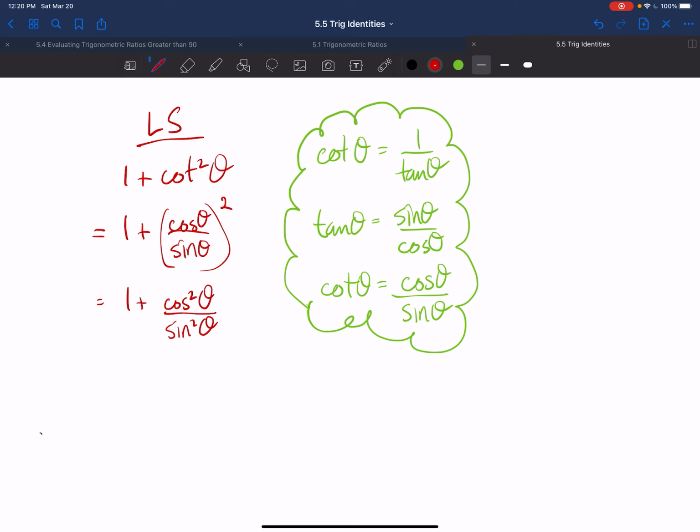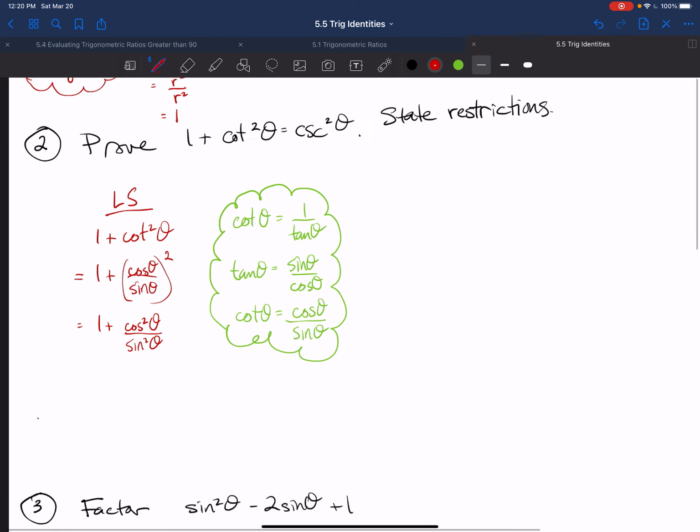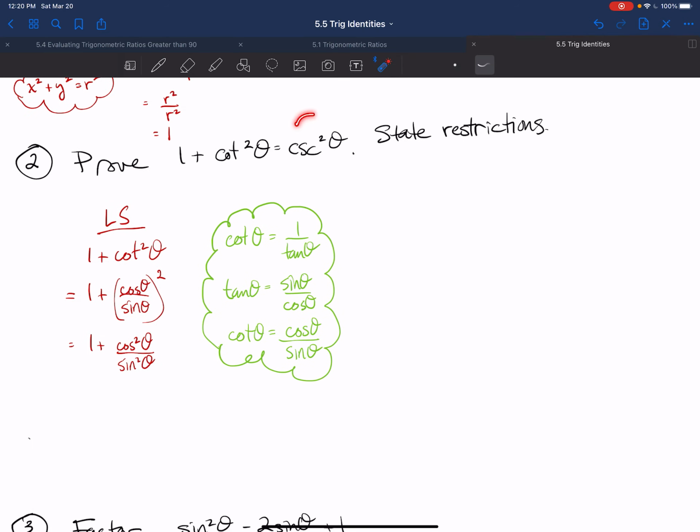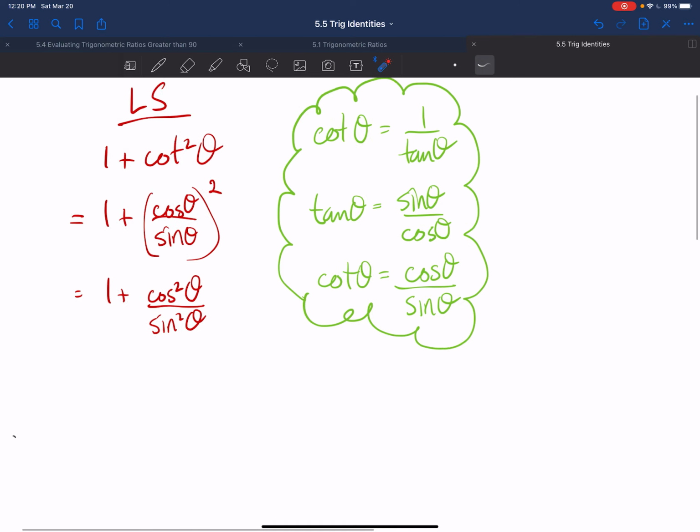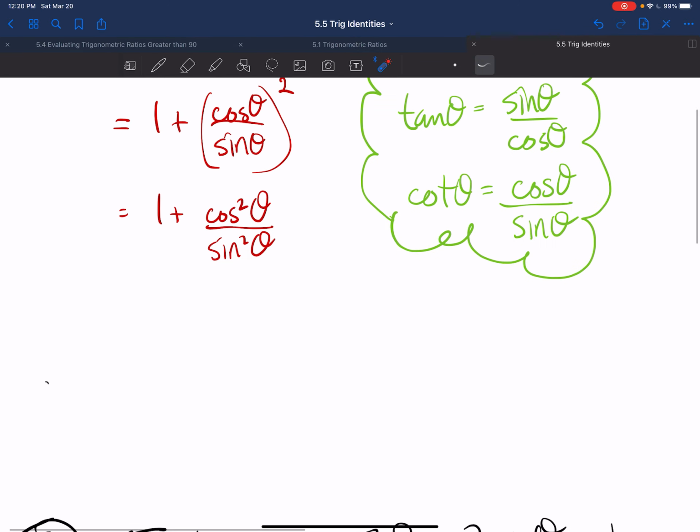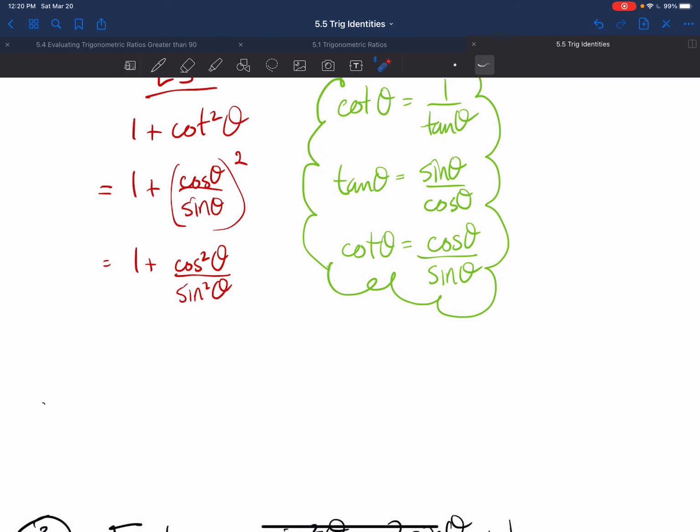Now, I want to get it to look like the right side. Somehow this needs to change to be cosecant squared theta. So another strategy, first was changing it from cotangent to sine and cos.